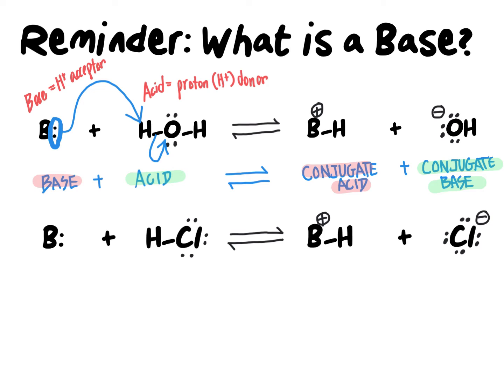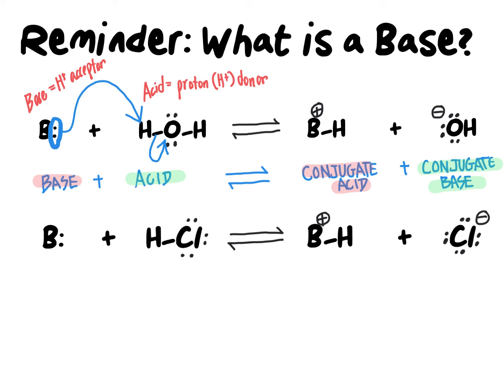As a result of B, which we show here is neutral, it has no formal charge on it, accepting H+, a proton, that's why BH, our conjugate acid product here, has a positive formal charge on it. And on the flip side, our acid, our proton donor, once it has lost that H+, it becomes OH-, so the charge cancels out there.